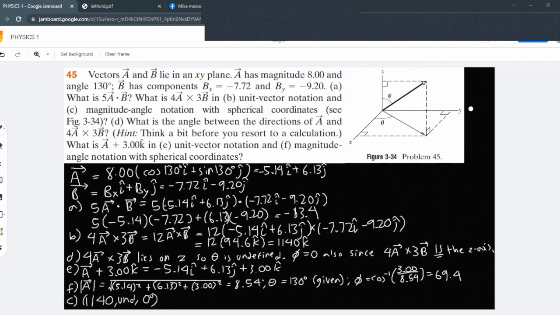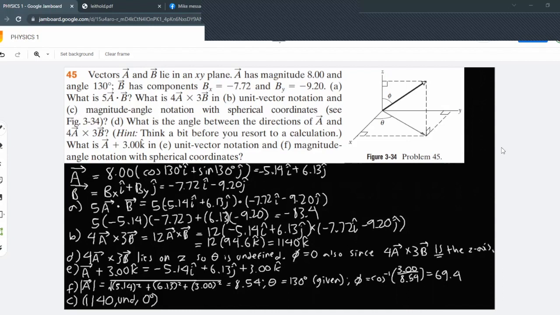Okay, take the dot product of A and 4A cross B. What do you get? This is the most primitive definition of how to get the angle between two vectors.